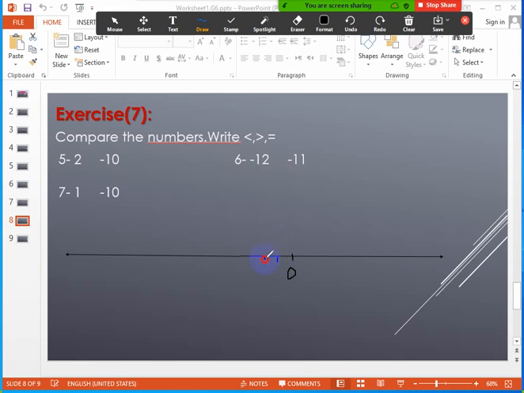This is 1, 2, 3, 4, 5, 6, 7, 8, 9, and 10. This is negative 10. What about the 2? The 2 will be on the right side of 0. This is 1 and this is 2. This is 2. Which one is the greater and which one is the smaller?